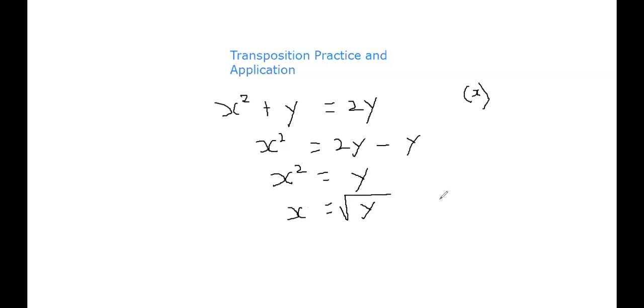So x is equal to the square root of y. If you're not clear, let me know before I move on. You could go over one time, sir. No problem.